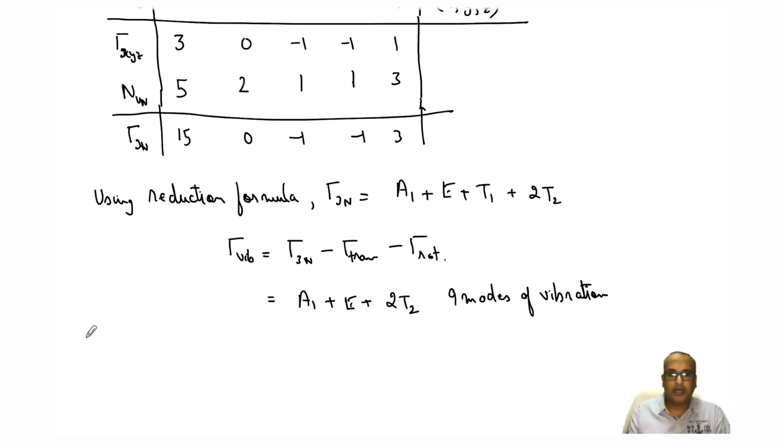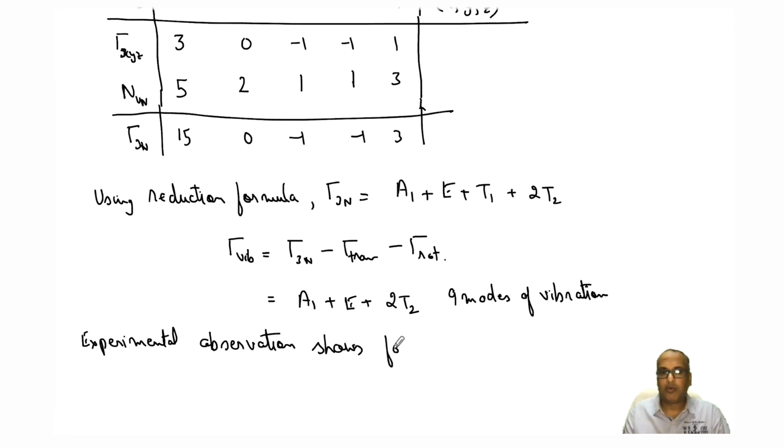So now, if we compare the experimental observation, it shows 4 lines in the vibrational spectrum. So although the modes are 9, we only see 4 lines.